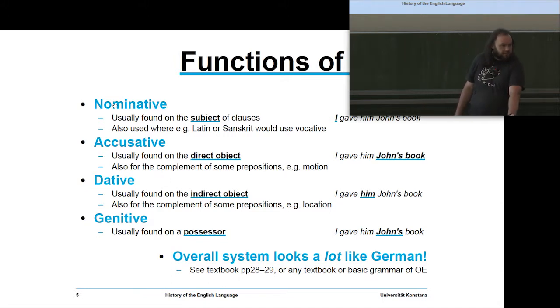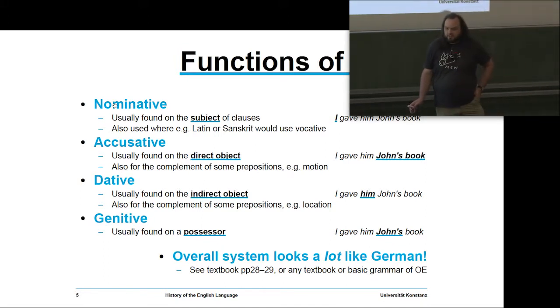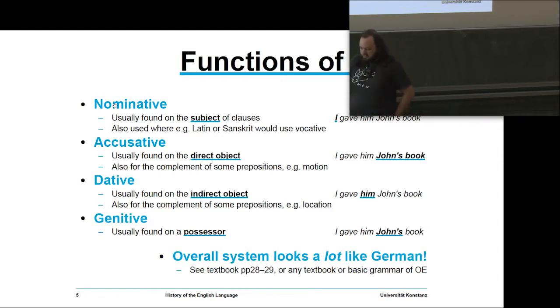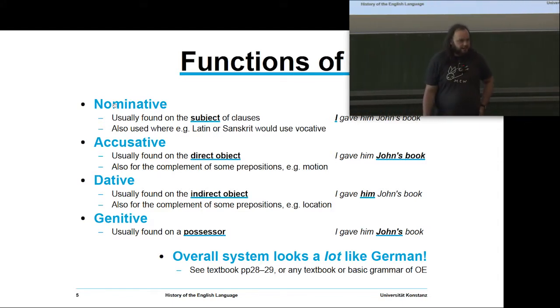Subject is not the doer. Sometimes it's said that the subject is the agent, the subject's doing something. That's not entirely accurate. The subject is a grammatical notion. The subject is what the verb agrees with. And the subject, therefore, in a clause like "I gave him John's book", is "I".